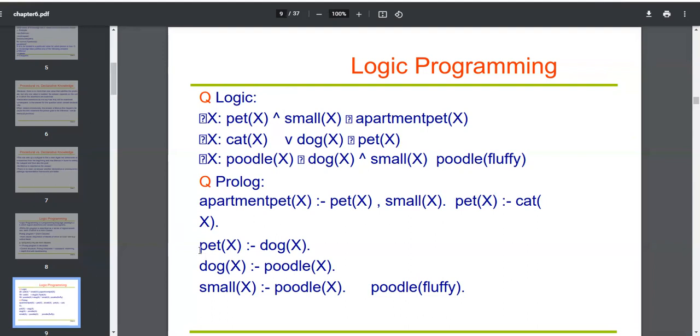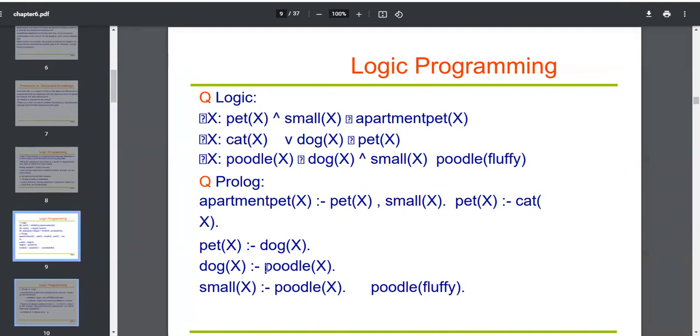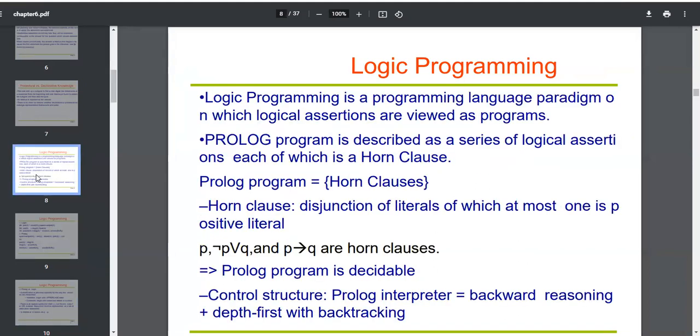Sorry, it is not implies everywhere; there are and operations. So how are we going to write that? As they are and operators, everything should be written as separate predicates. So dog x is true if and only if poodle x, small x is true if and only if poodle x. And poodle fluffy is the separate predicate that we have taken. So this is how we convert the facts into equivalent Prolog programs. Okay, fine. We'll move ahead.